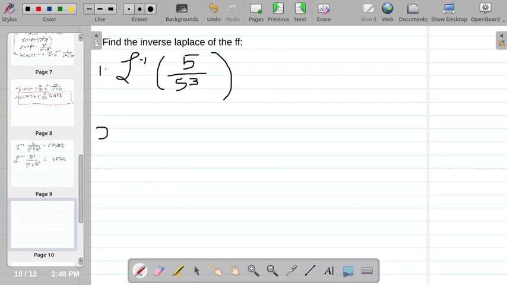Number 2, find the inverse Laplace of 3 over s squared minus 3 over s minus 5.